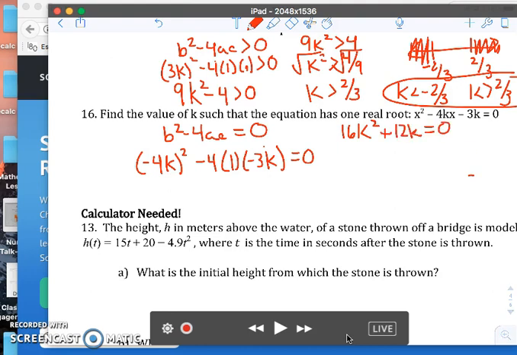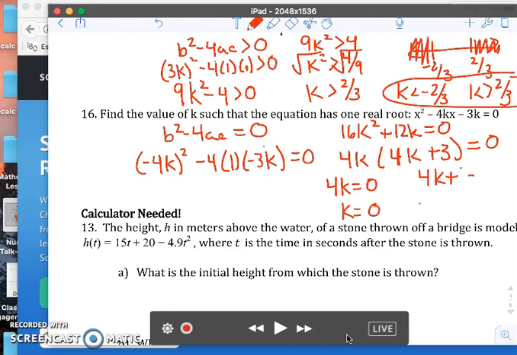Well, we know we can factor out a 4 and a k. So 4k times 4k plus 3 equals 0. So we have 4k equals 0, so in that case k equals 0. And 4k plus 3 equals 0. So k would be negative 3/4.